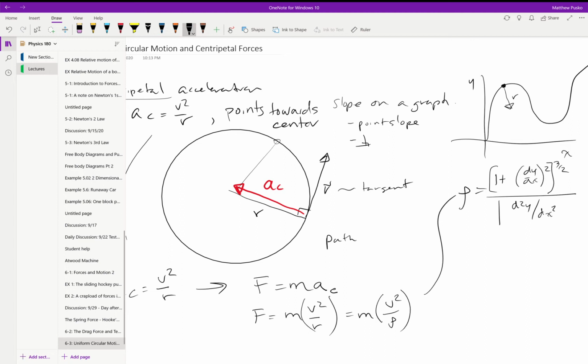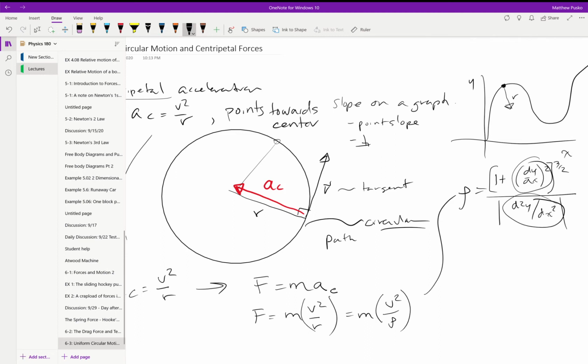So to find the radius of curvature, if you know some crazy path function that's not circular like this one, this one and the ones we're studying right now are uniform circular motion, a perfect circle. If you had the equation of your path, you could take the first derivative and the second derivative, and just plug them in there.